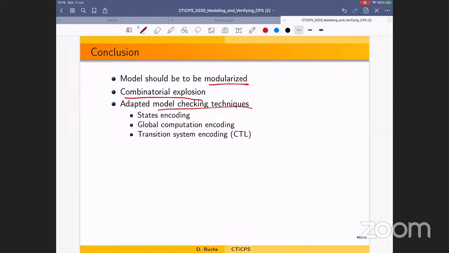So instead of decomposing state by state and computing, we globally compute the evolution of the system, and finally are able to check CTL formulas. So that's it. Thank you. If you have any questions, I would be happy to answer.